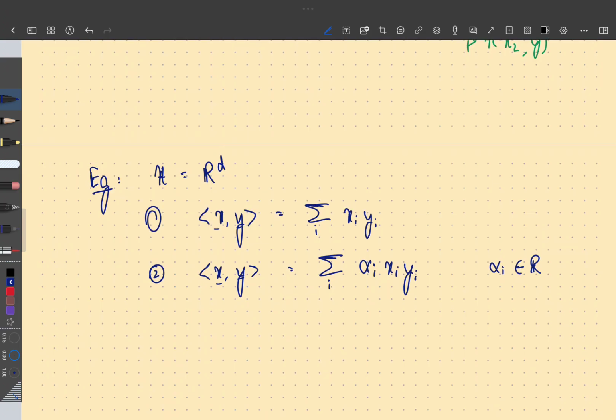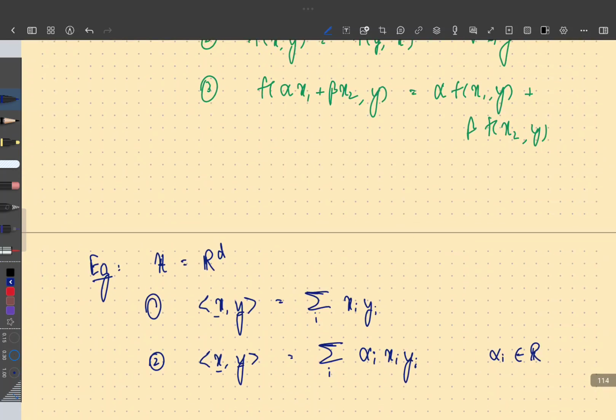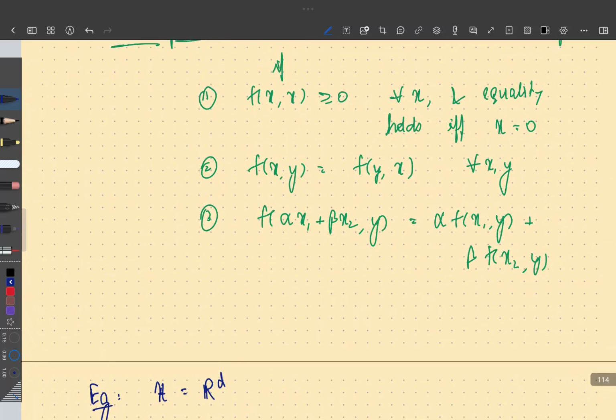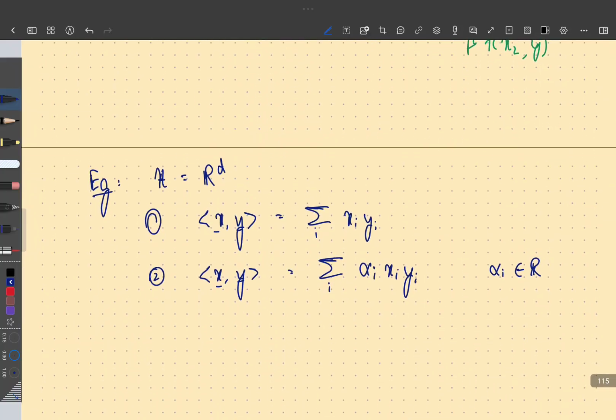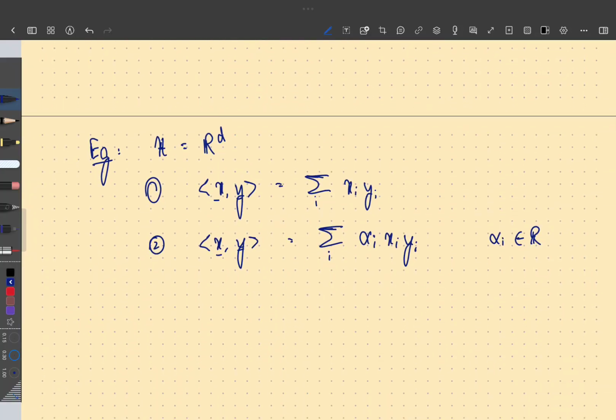Why? Correct. If x is non-zero, then you don't want the inner product between x and itself to ever be equal to 0. So it should be the set of all positive real numbers. Alright?